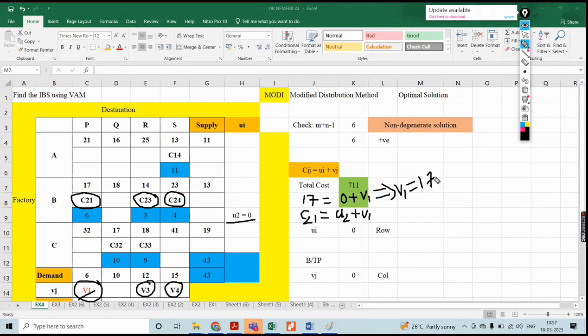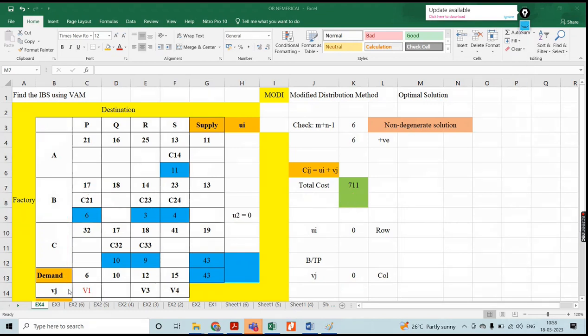I got V1 equal to 17 for this particular allocation. Is this clear? That is V1 equal to how much value? 17.